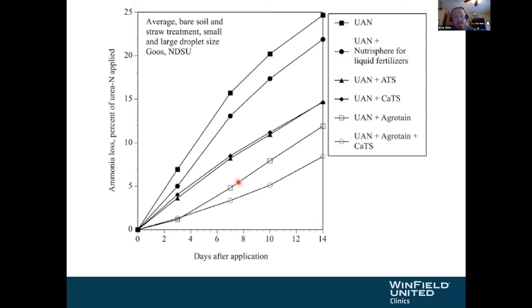You still don't reduce all of it, but you have good reduction. But here's your ammonium thiosulfate, and then this is also calcium thiosulfate. I don't know if that's a common fertilizer source for you guys, but it isn't for us. Most of the time we're using ammonium thiosulfate. So just a little piece of data for you.